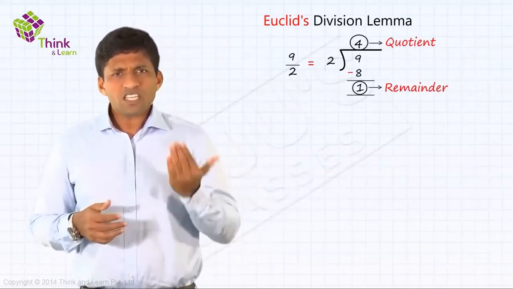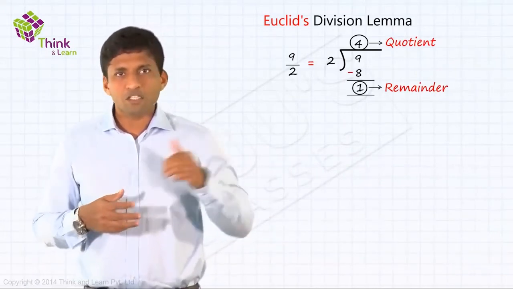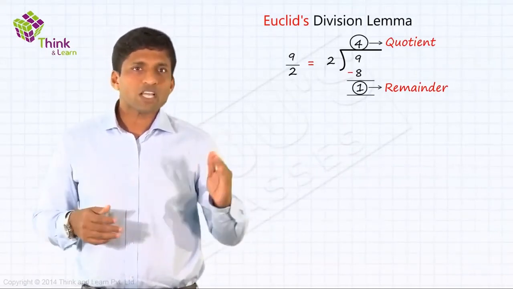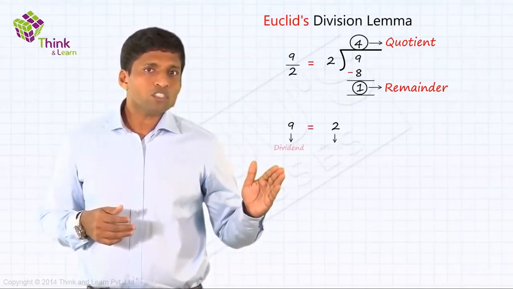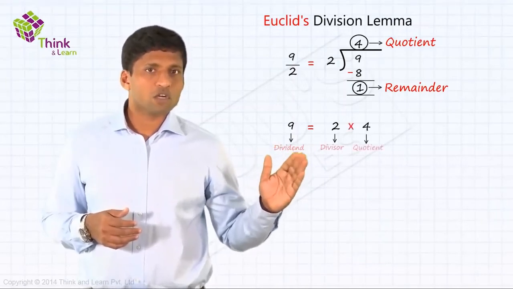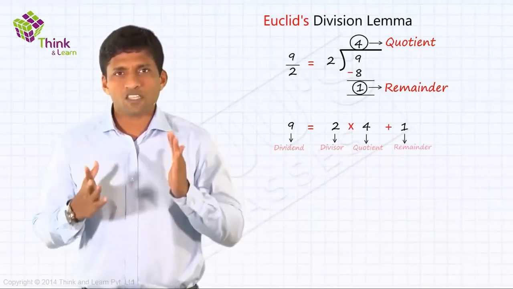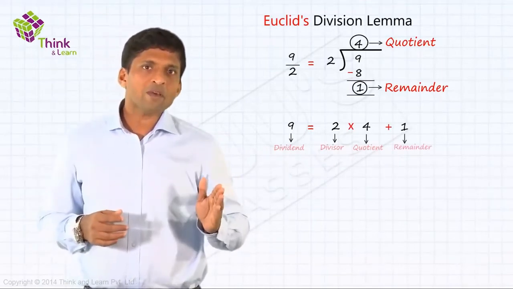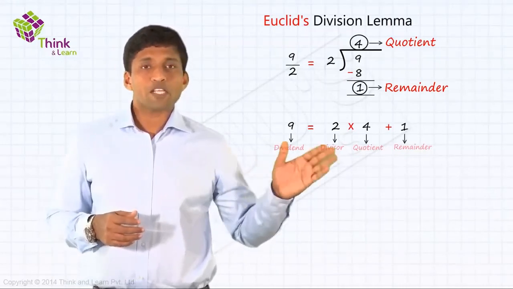So there is one more way to write this. Rather than writing it as a division, you can write it as 9 equal to 2, which was the divisor, into 4, where 4 was the quotient, plus 1. So it's just a different representation of the same thing. That is, 9 equal to 2 into 4 plus 1.